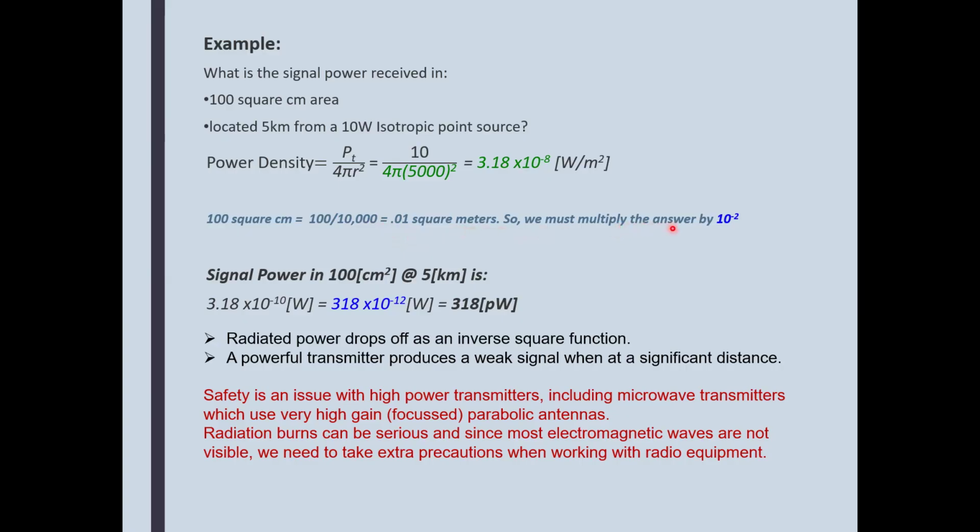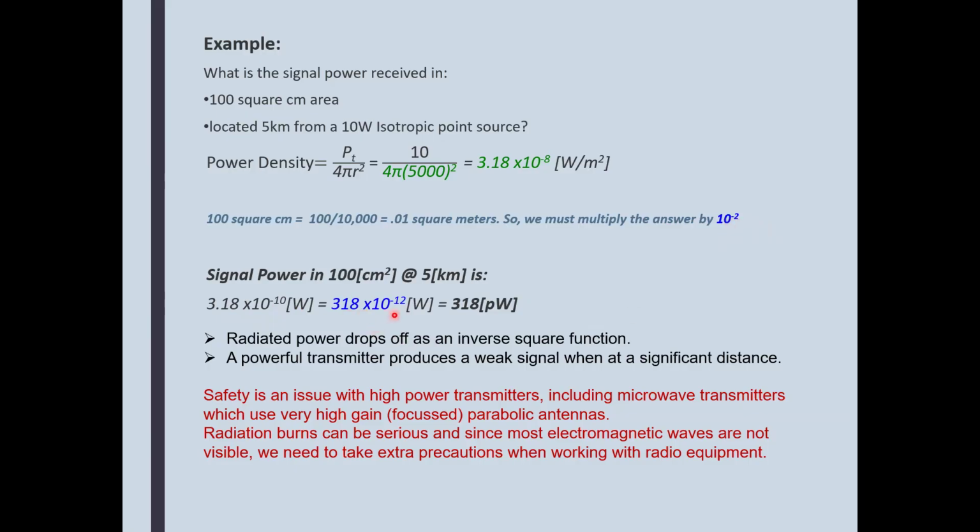So we must multiply the answer by 10 to the negative 2, which is the blue colored here. That's why we're converting that number into this one here. So 3.18 times 10 to the negative 10. Add that on here, or add the multipliers.